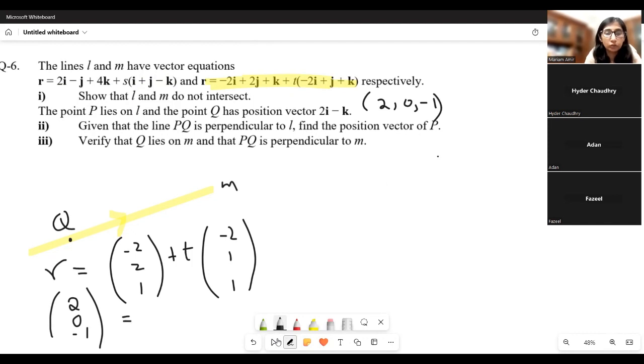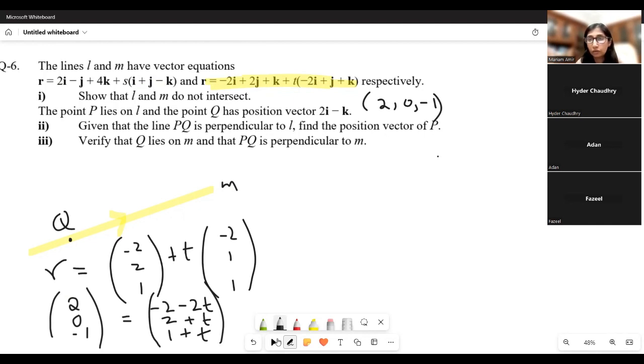And equate it to the right hand side, which is -2, -2t, 2 plus t, and 1 plus t. Now, all that's left to do is solve all 3 equations, and you should get the same value of t.